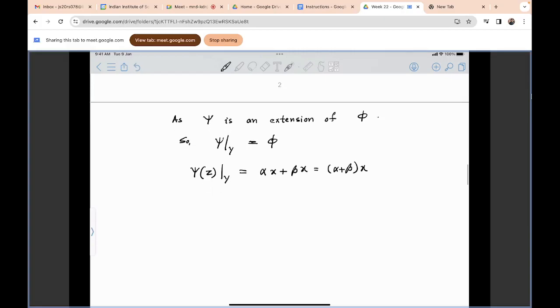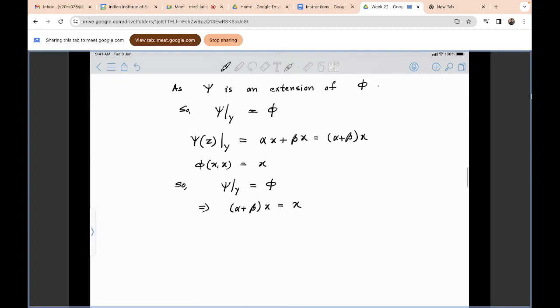And this should be phi, and p of (x, x) is x. So psi restricted to Y equals p implies (alpha plus beta) x is x, and this is for all x.